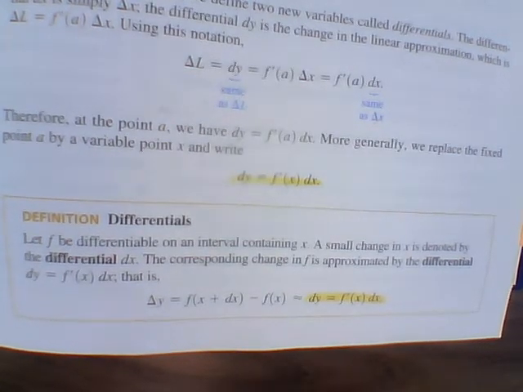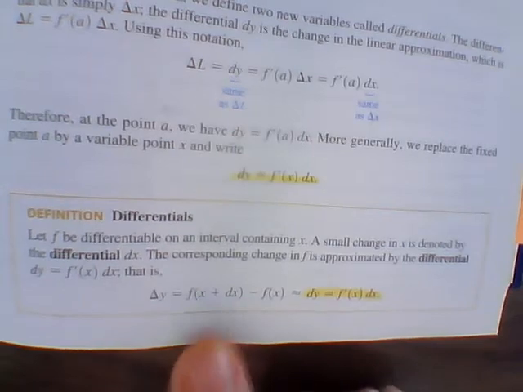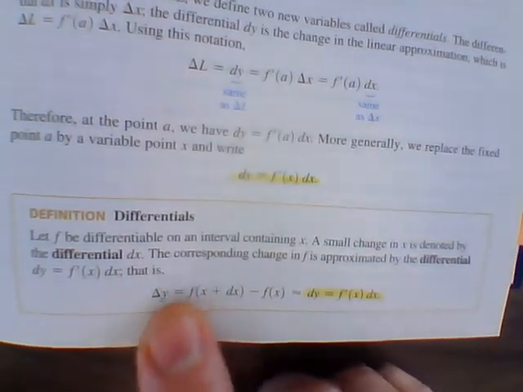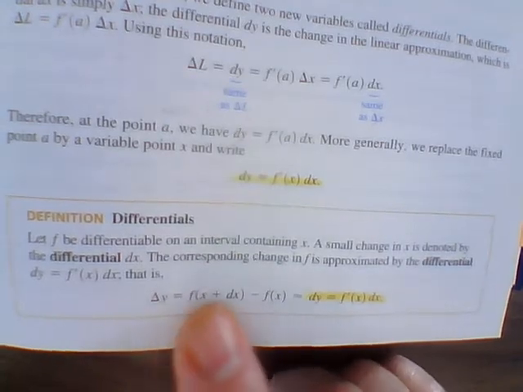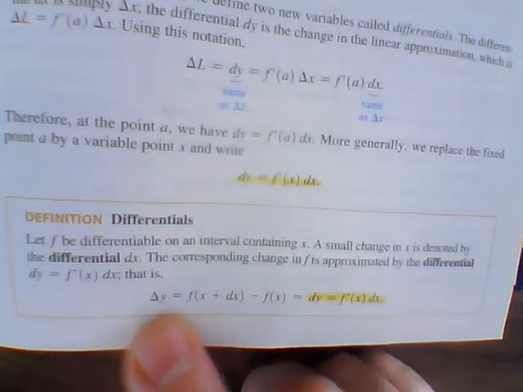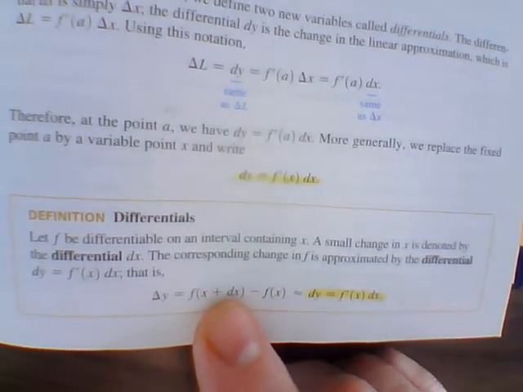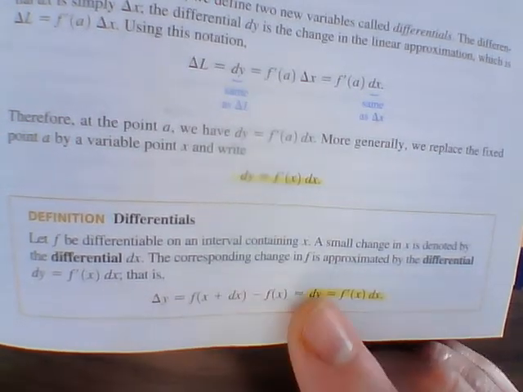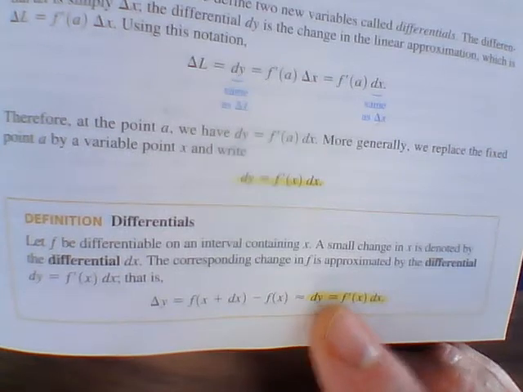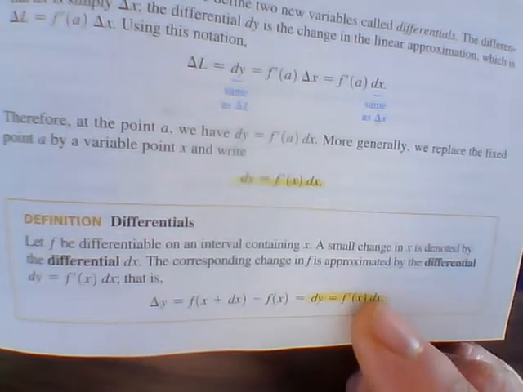So here we start seeing a bit of that linear approximation for f(x) and then f(x + dx). They're saying the change in y is dy = f'(x) dx.